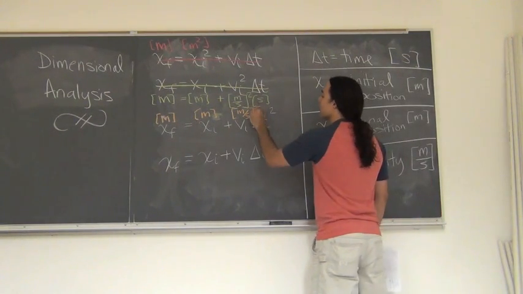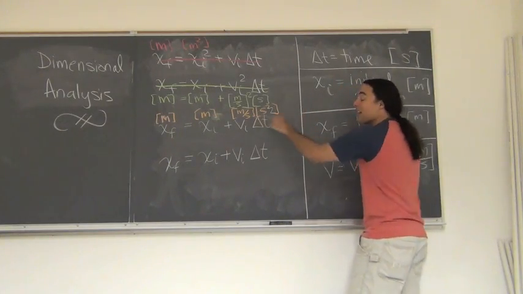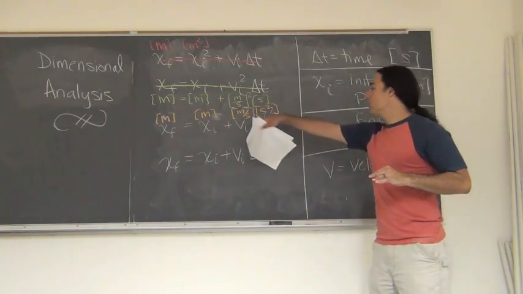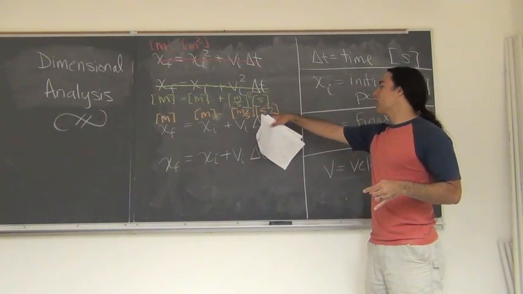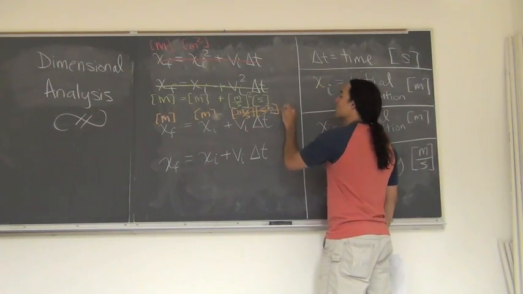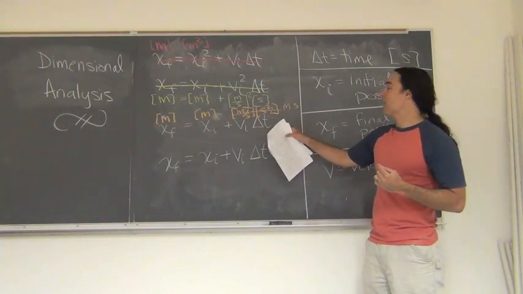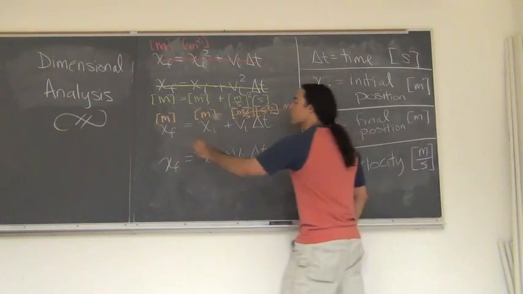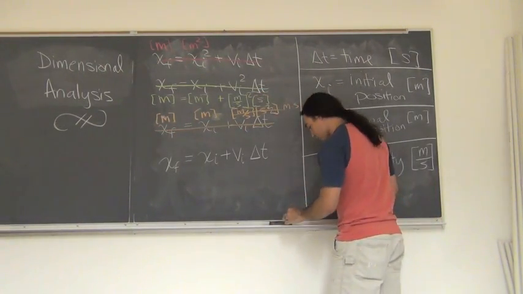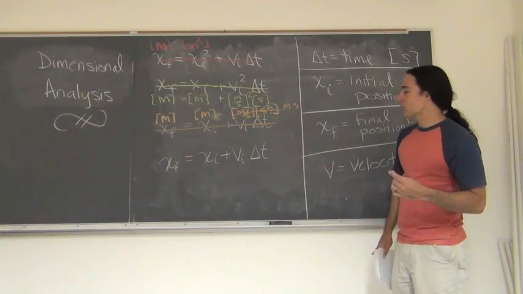But now I have seconds squared here. That's going to be bad because I only have 1 unit of seconds in the denominator. If I get 2 units of seconds, these are going to give me units of meters times seconds. That's not going to work. Units of meters times seconds can't be added to units of meters. So this guy's out. So hopefully by process of elimination, this last equation is what's going to work.